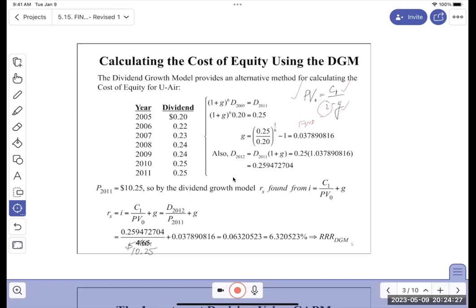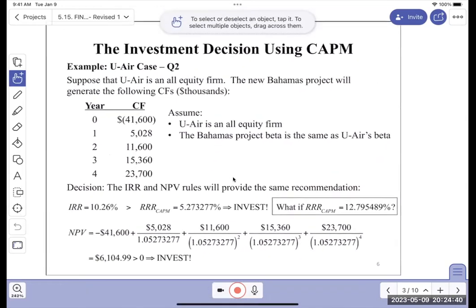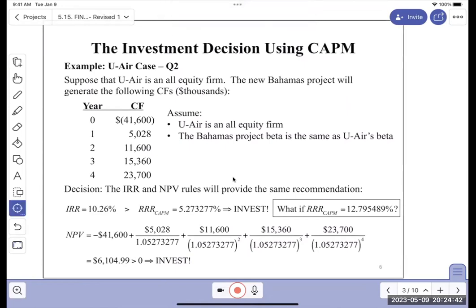If we're prepared to think that approximately dividends will grow at a constant rate. So going to the UAR project, these are the total project cash flows that we derived, where we assume UAR is an all equity firm, and the Bahamas project has the same beta as UAR's beta.